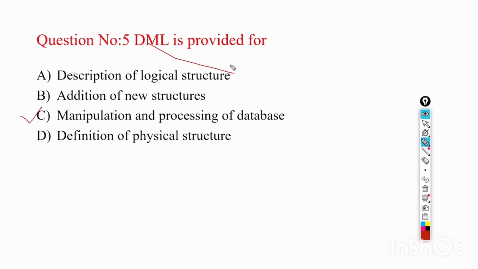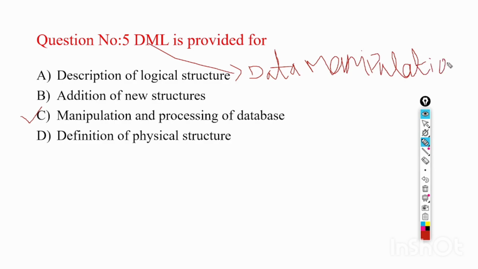Okay, now moving to the next question. Question number 5. DML is provided for what? Description of logical structure, addition of new structures, manipulation and processing of database, or definition of physical structure. The correct answer for this question is manipulation and processing of database.